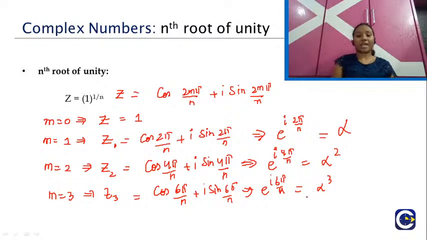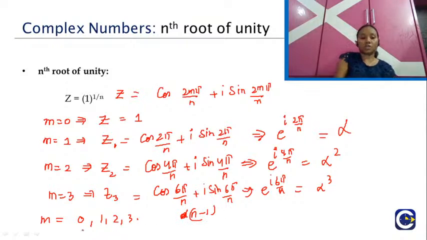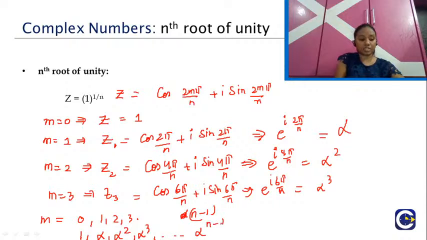Right. So likewise, I'll be having my roots according to my m values. So my m values are starting from 0, 1, 2, 3 and so on until n minus 1. Similarly, what are my roots? When m equal to 0, I'll be having root 1. When m equal to 1, it will be alpha. Then next alpha square, alpha cube and so on until alpha power n minus 1.